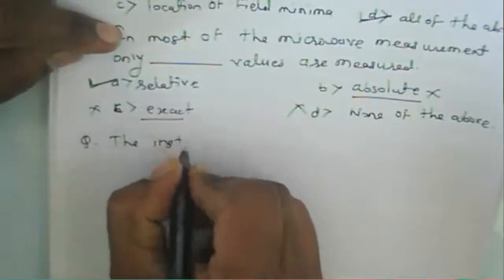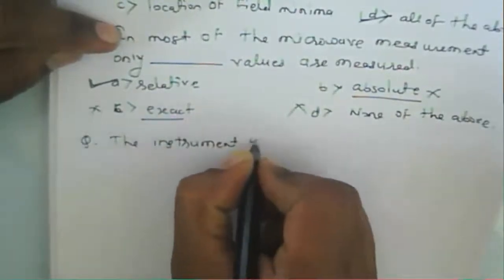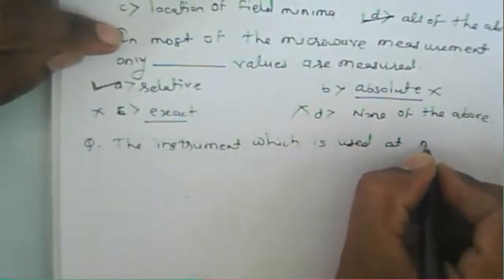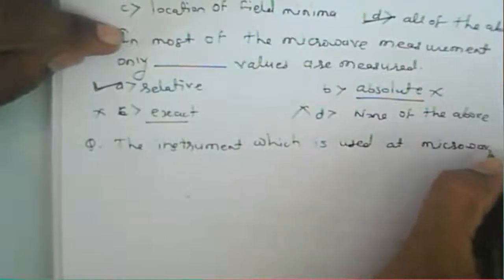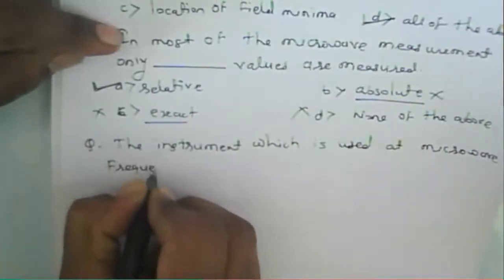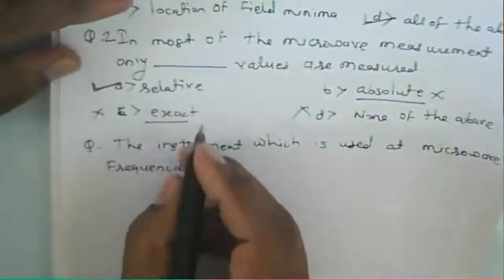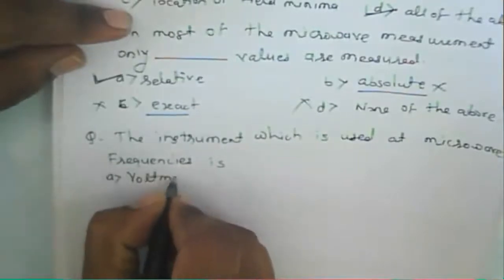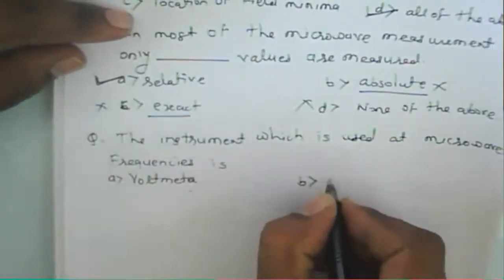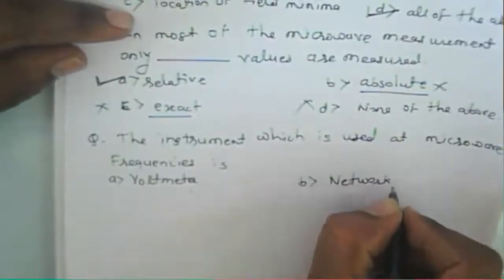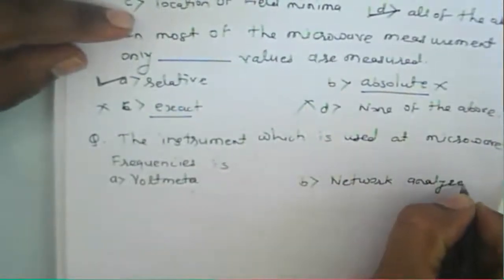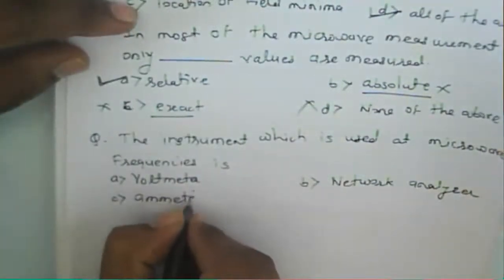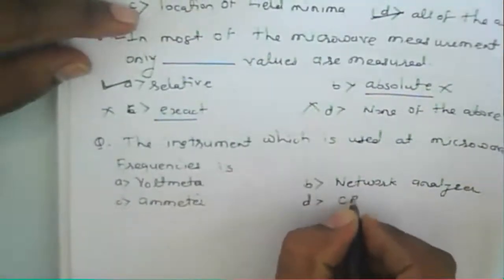Next, the instrument which is used at micro frequencies is: A, voltmeter; B, network analyzer; C, ammeter; and D, CRO.